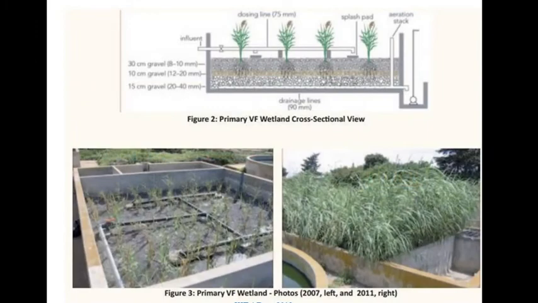This is the primary vertical flow wetland cross-sectional view, which is supported with gravel: 15 centimeter gravel having 20 to 40 mm, then 10 centimeter gravel having 12 to 20 mm, and 30 centimeter gravel having 8 to 10 mm.